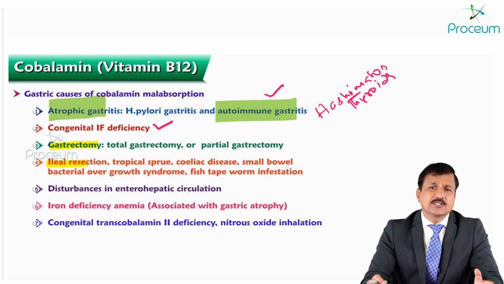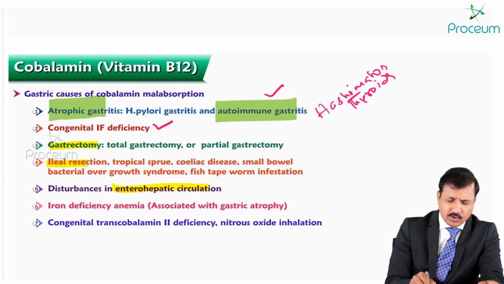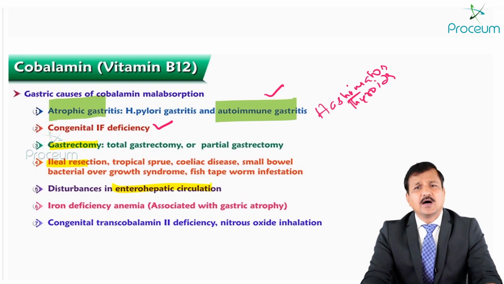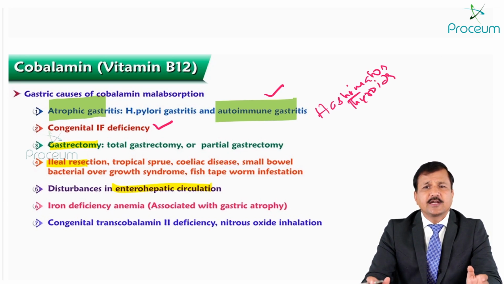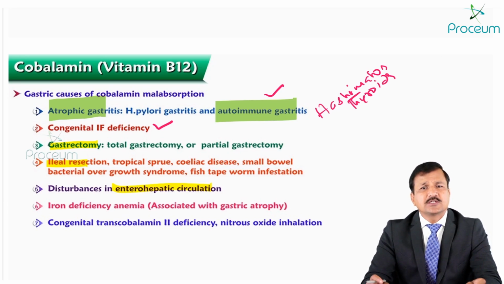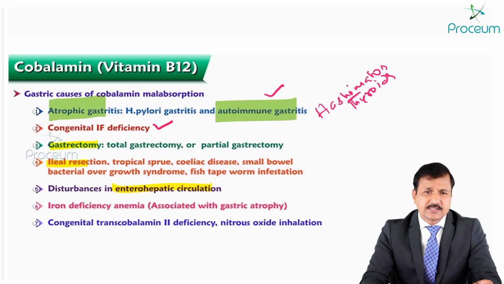Or a disturbance in the enterohepatic circulation can lead to cobalamin malabsorption, because cobalamin is also secreted in the bile and returns back to the systemic circulation through enterohepatic circulation. Disturbance in this enterohepatic circulation has a major effect on vitamin B12 status.